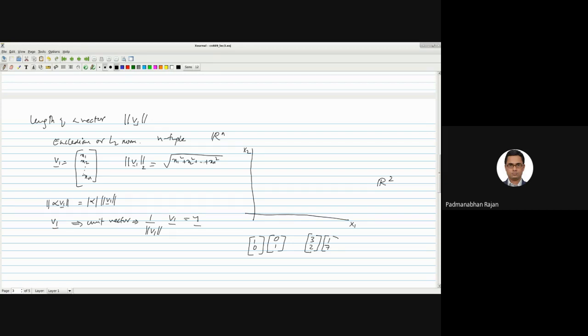What about [3,2] and [1,7]? Is this also a basis for the space? Yes. [3,2] and [1,7] is also a basis for the space, primarily because these two vectors are linearly independent.